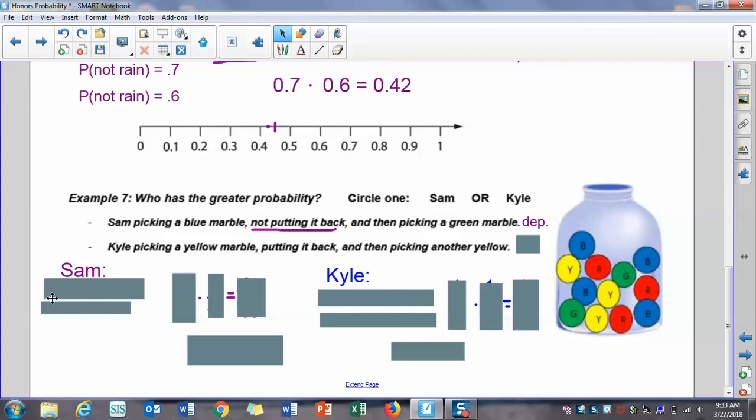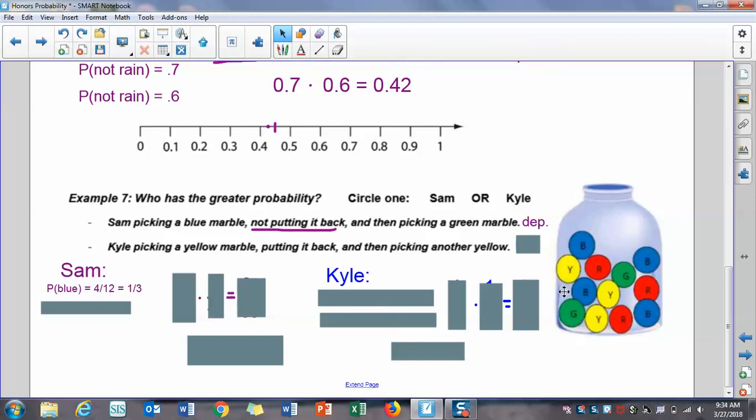So Sam, picking a blue marble. There are 4 blue marbles out of a total of 1, 2, 3, 4, 5, 6, 7, 8, 9, 10, 11, 12. So there's 4 out of 12, which simplifies to 1/3. Now, Sam is going to keep that blue marble, and then we see what's the probability of picking a green marble.